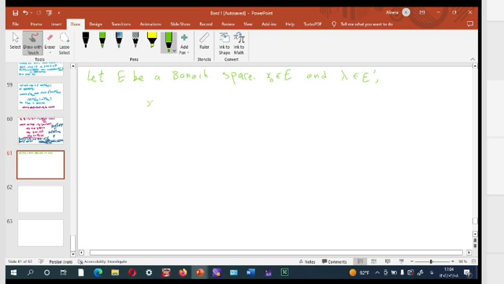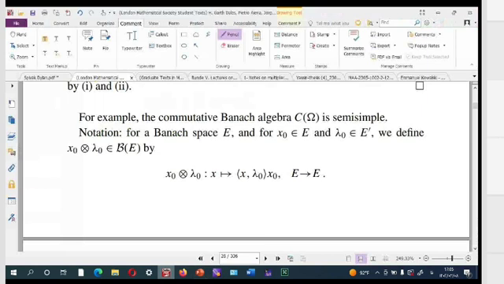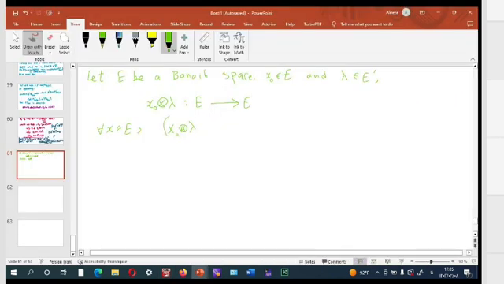We define this function from E to E by this rule: for each x in E, we define this function on x equal to the action of lambda 0 on x multiplied by x0.